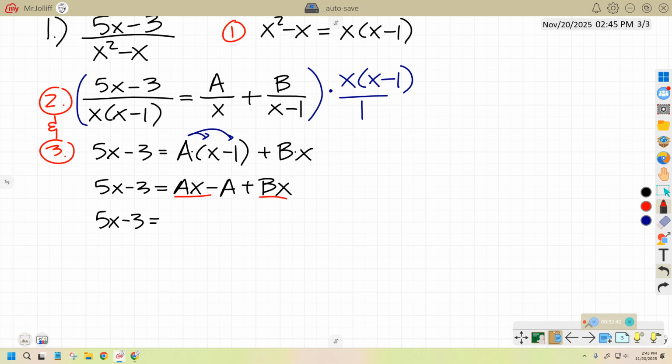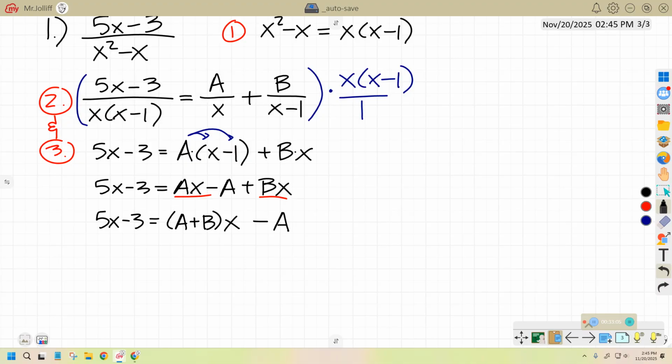Ax, bx. I'm going to combine those together, which is going to give me a plus b x. That constant minus a doesn't have a buddy, so I'm just going to write it.